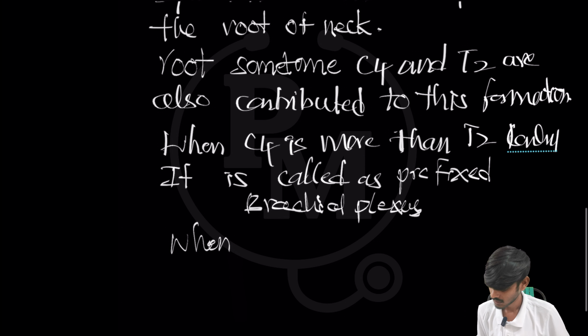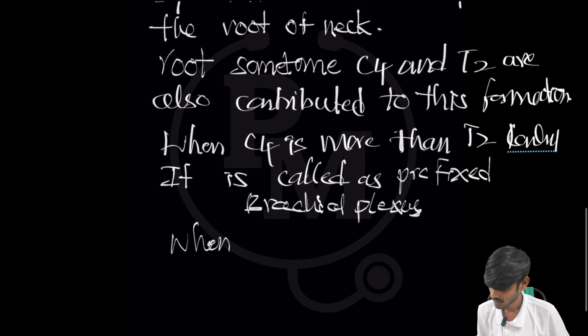C5, C6 form upper trunk, and C7 alone forms middle trunk. C8 and T1 form lower trunk. This is about trunks. Trunks are 3.